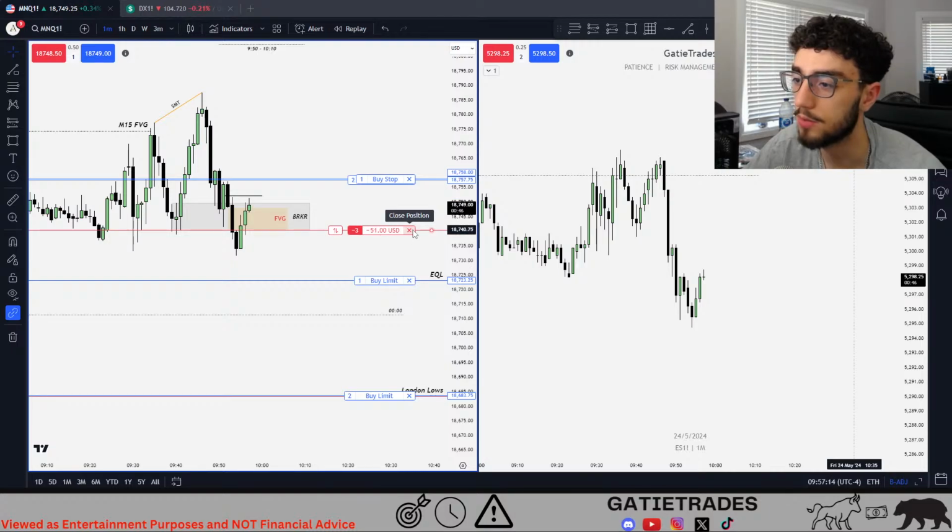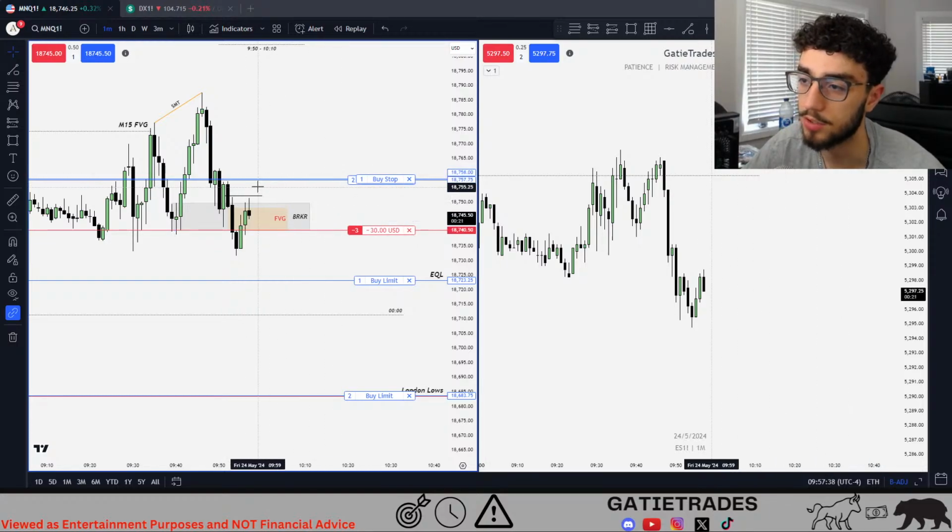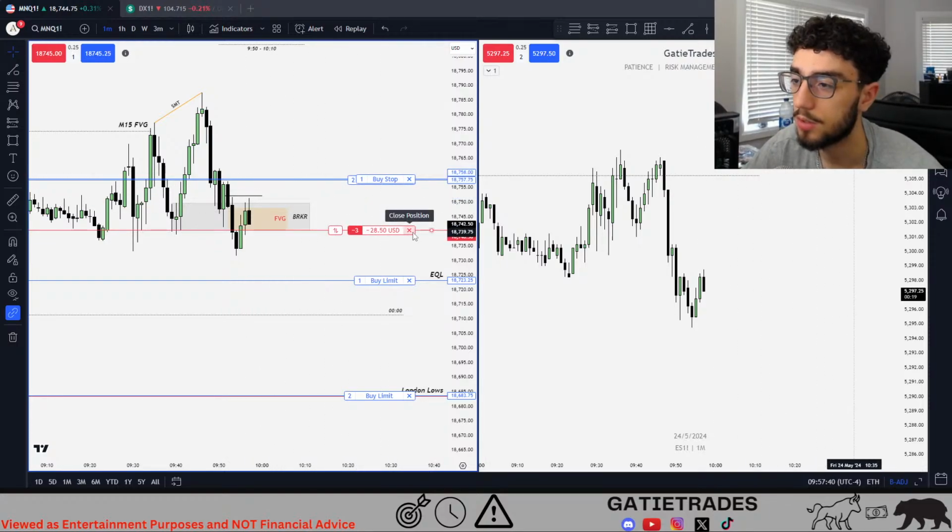So far, no close above, so not too worried. Nice small rejection right now. As soon as we get a close above that fair value gap, I'm closing my position early. So the stop loss is just protective. A stop loss that makes sense and it's protective.